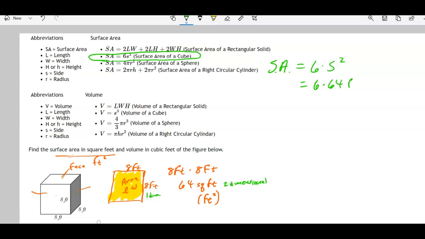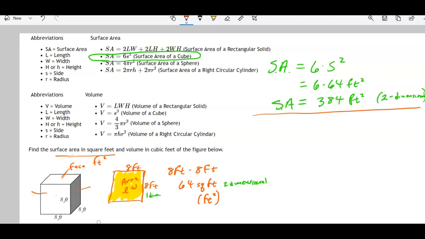Of course, 6 times 64 is 360 plus 24, which is 384 square feet, and that is the surface area. SA is our abbreviation for surface area. And again, I'll mention that areas are two-dimensional.